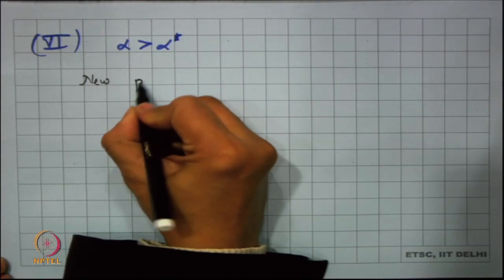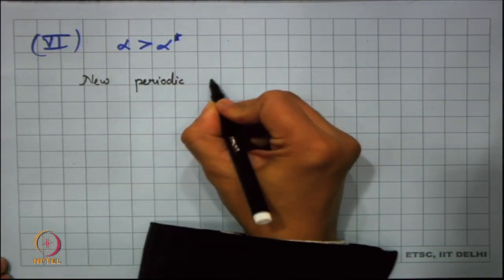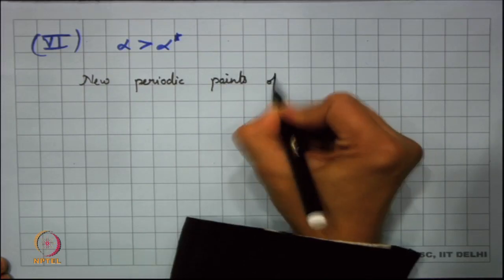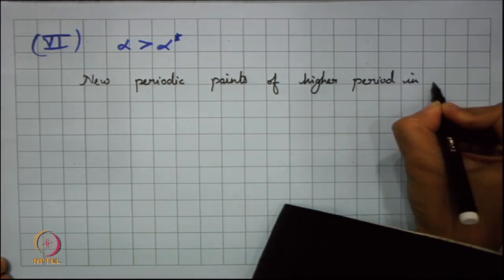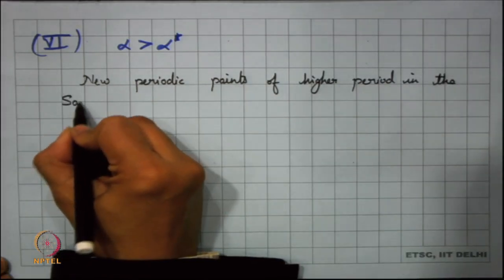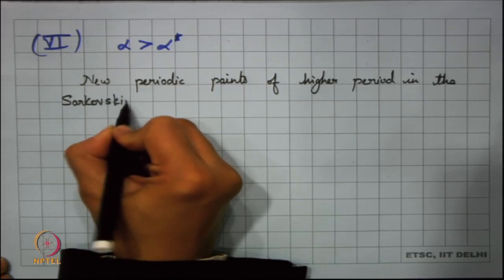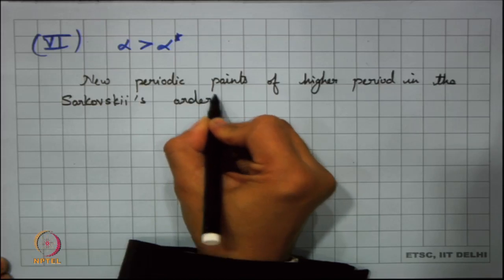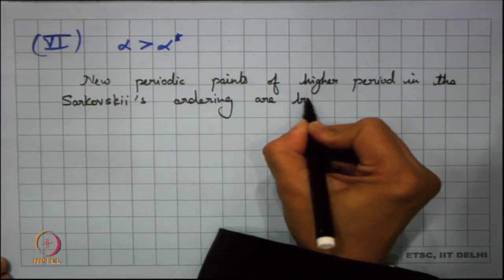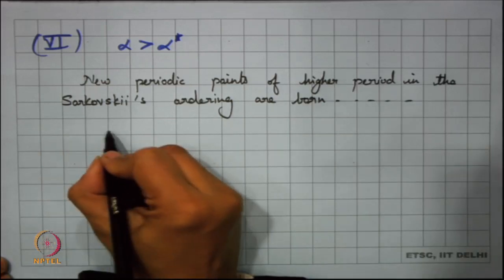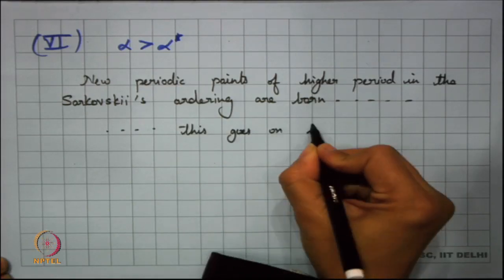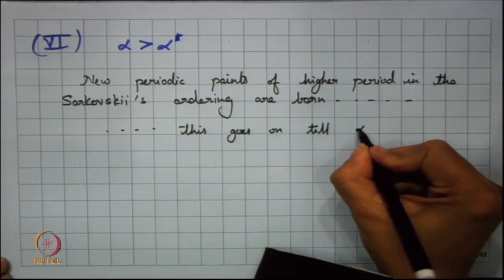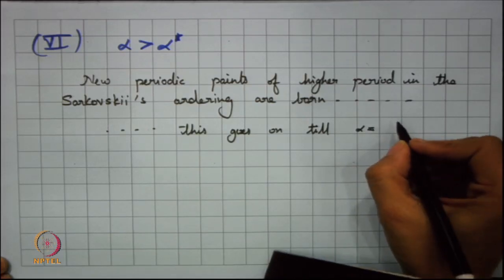So, new periodic points of higher period in the Sarkovskii's ordering are born, and this goes on till my alpha reaches the value 1 plus root 8.